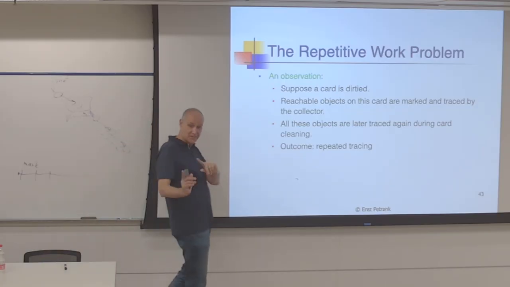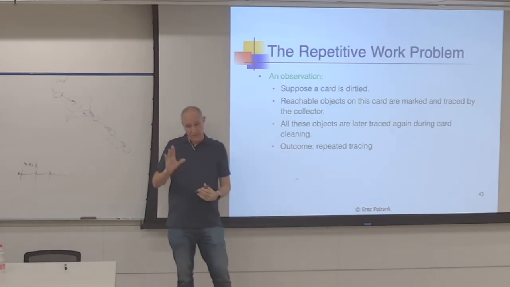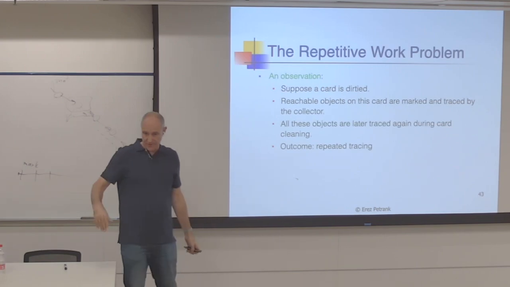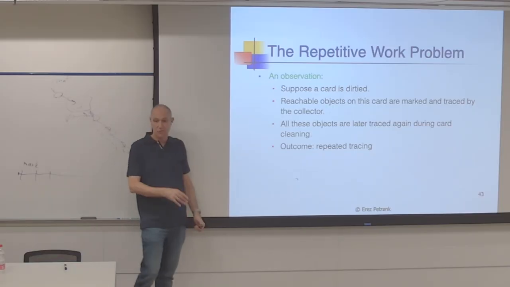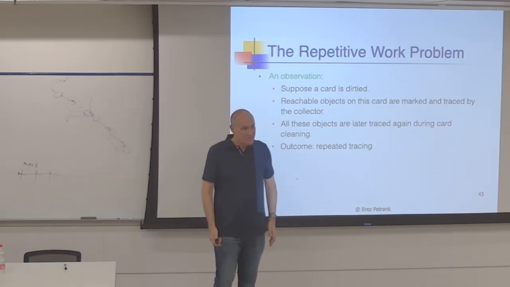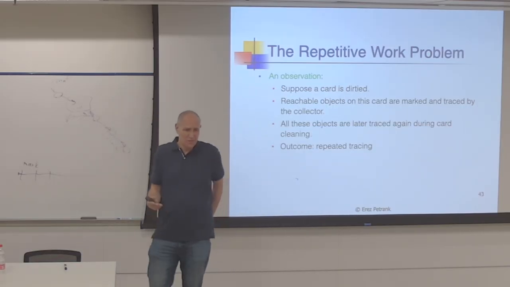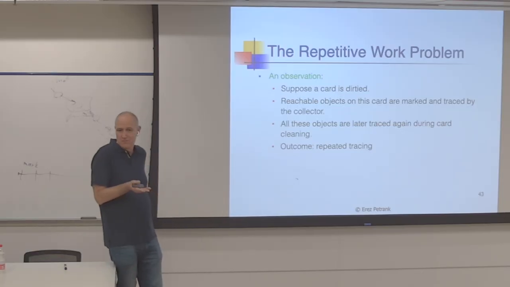No, but that's the same suggestion. You want to only trace things that were changed and not others. But even if you just trace things that were changed, you do repeated work. So I want to not scan it twice. How can I not scan it twice?